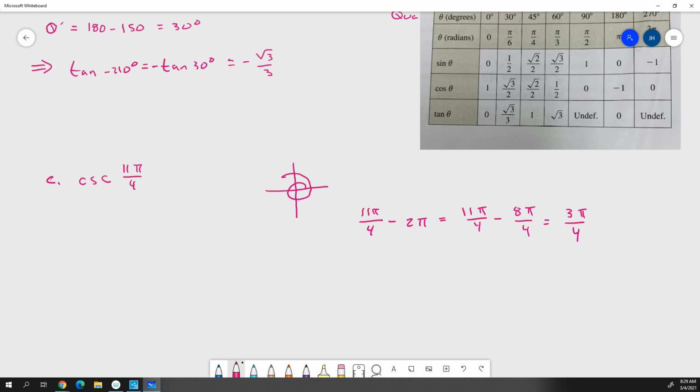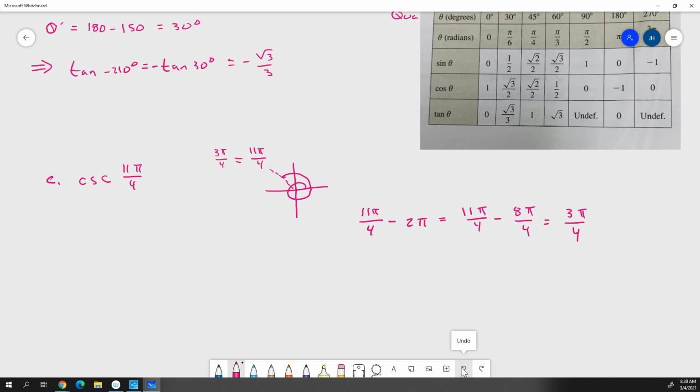And so we know if we divide this into fourths, this is going to be at a 45-degree angle. So this is 11 pi over 4, but it is also 3 pi over 4. They are the same angle.